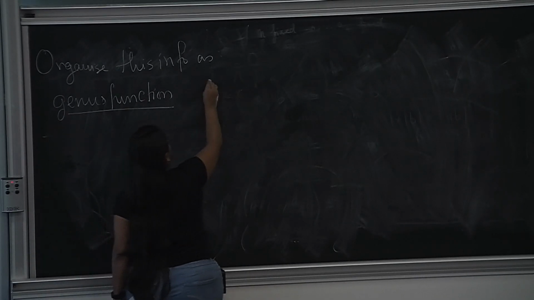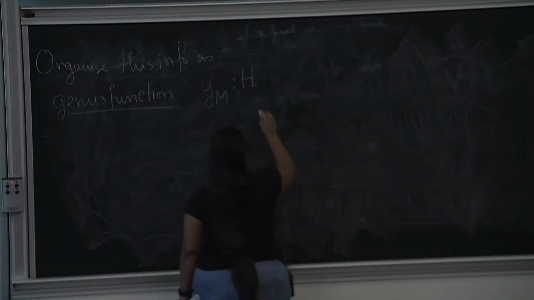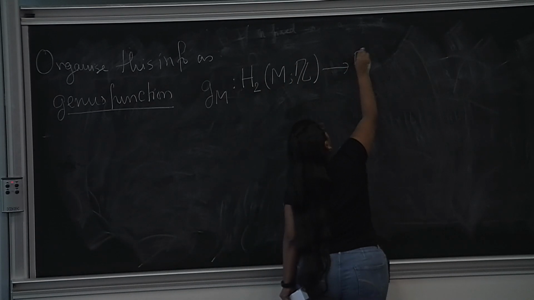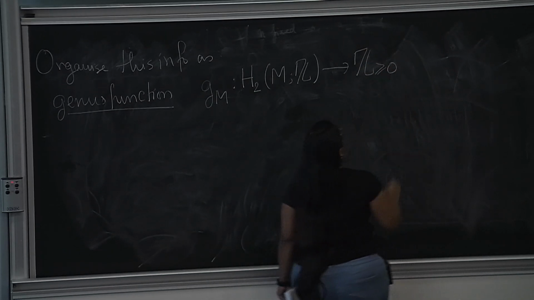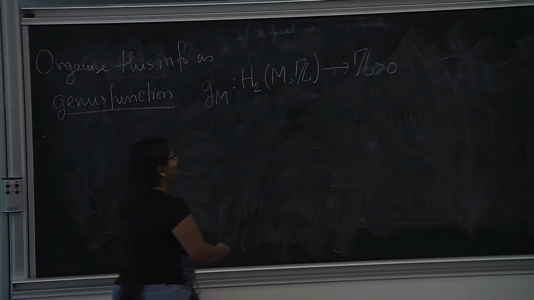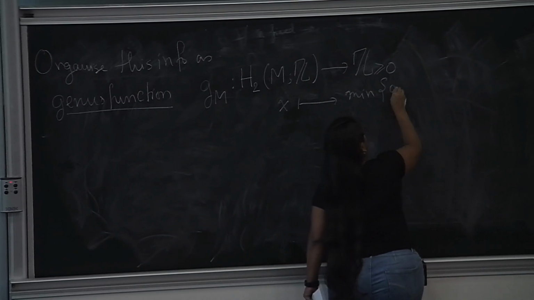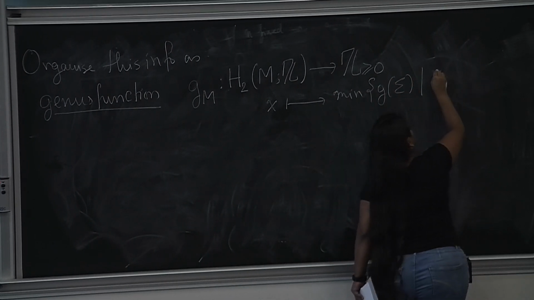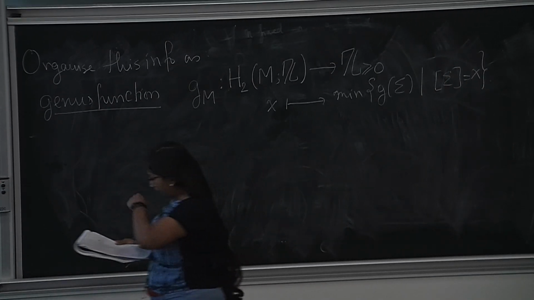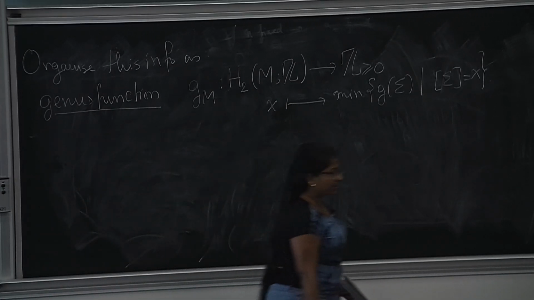Let me notate that as G sub M. This is going to be a map which has domain this H2, and the definition is obvious, right? You take every class and you map it to its minimal genus. Right now I'm just giving you some definitions.